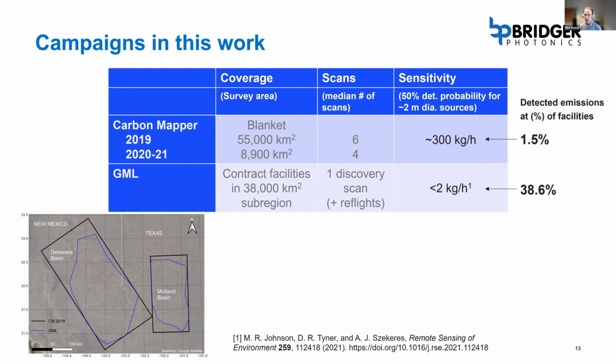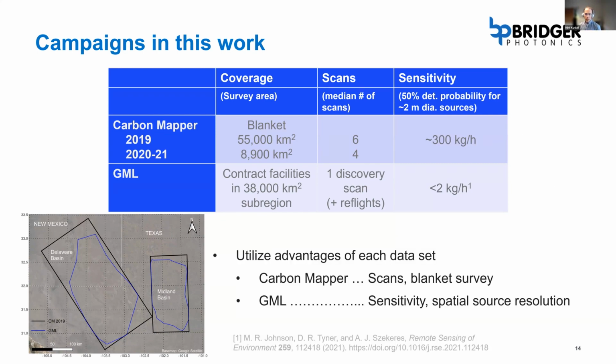As a consequence of this difference in sensitivity, GML saw detections at 38% of the scanned facilities, whereas Carbon Mapper was seeing emissions from 1.5% of the scanned facilities. So what we'd like to do here in our analysis is utilize the advantages of each data set.